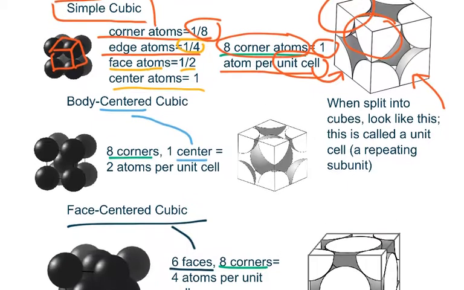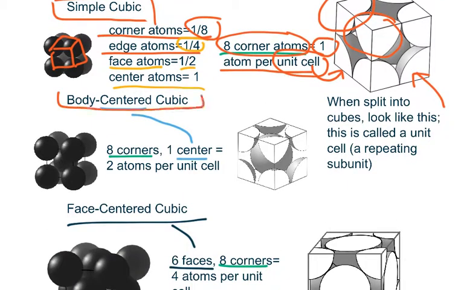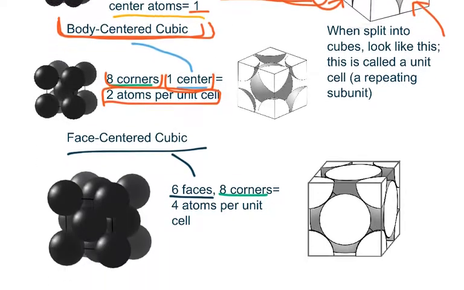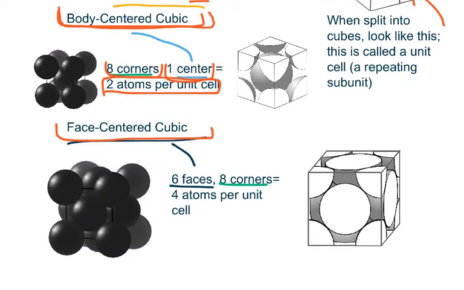So let's talk about body-centered cubic. This is basically a simple cubic with 8 corners, but there's a central atom. So because the corner atoms are 1/8 and a center atom is 1, the unit cell for a body-centered cubic will have 2 atoms per unit cell. Now, let's take a look at face-centered cubic.